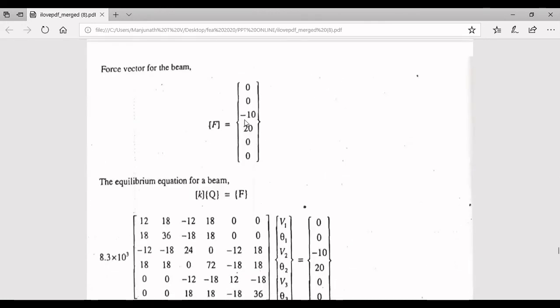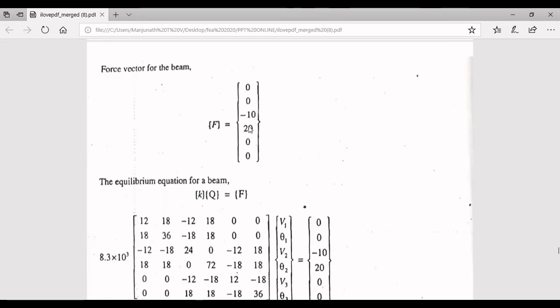So minus 10 for the point load and plus 20 for the counterclockwise couple. This was the force vector at node number 2, and at node numbers 1 and 3 it is 0, as there is no load acting, so the overall force vector becomes like this.